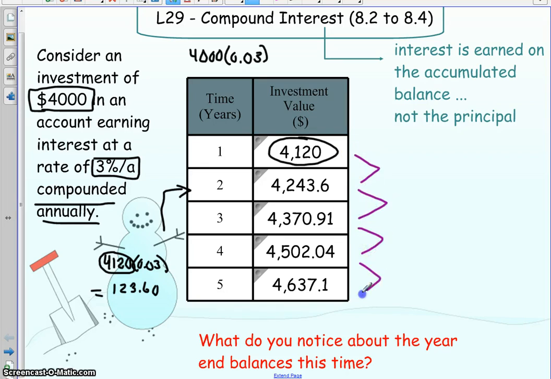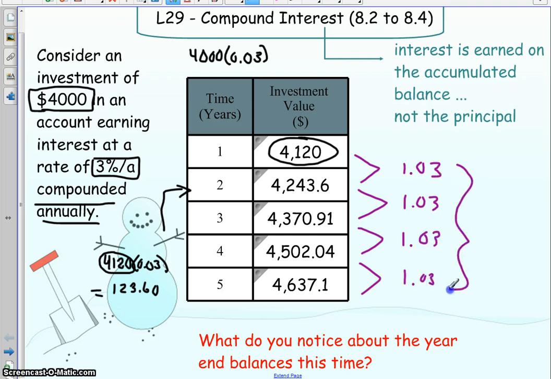If I divide 4,243.6 by 4,120, I get 1.03. If I take the value after year 3, 4,370.91, and divide that by the value from year 2, I again get 1.03. And you can continue that pattern all the way down.